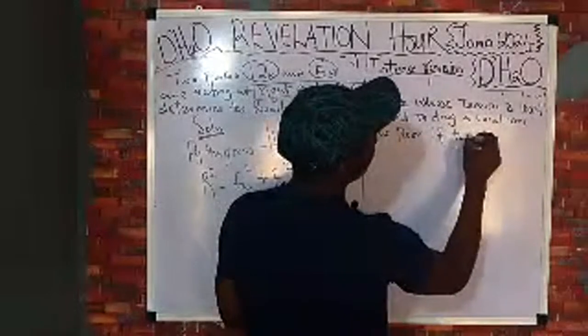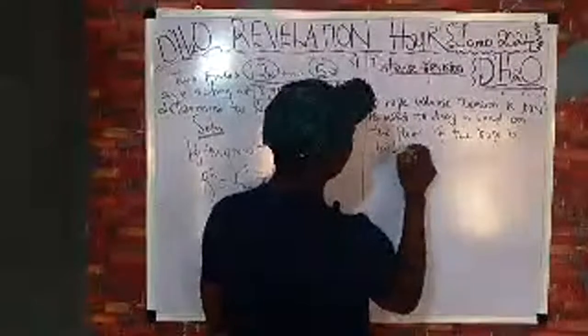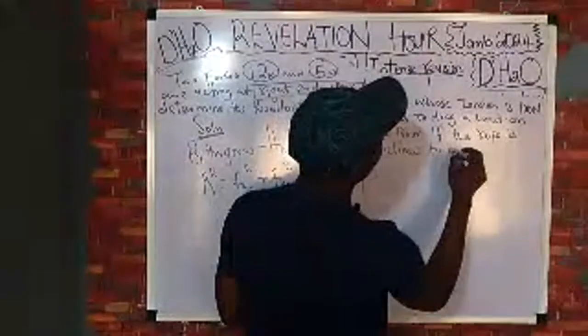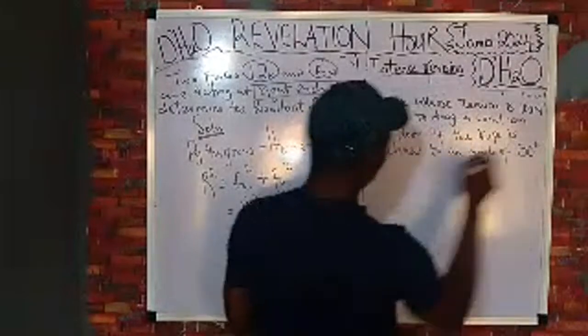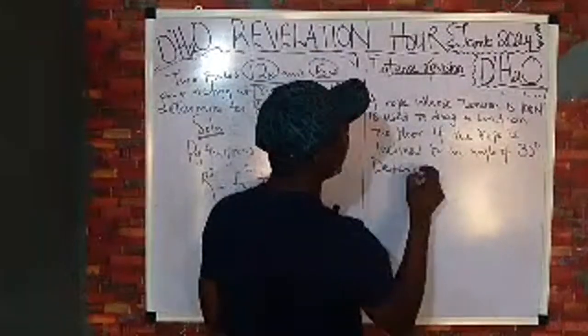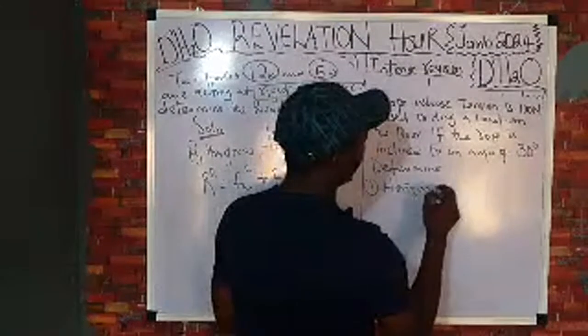If the rope is inclined at an angle of 30 degrees, determine the horizontal component.